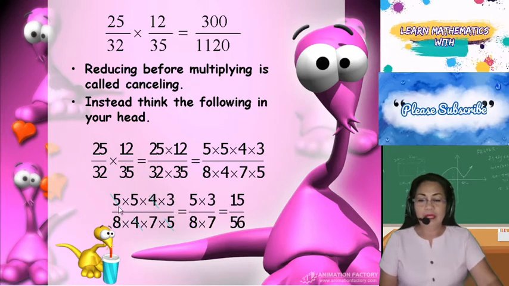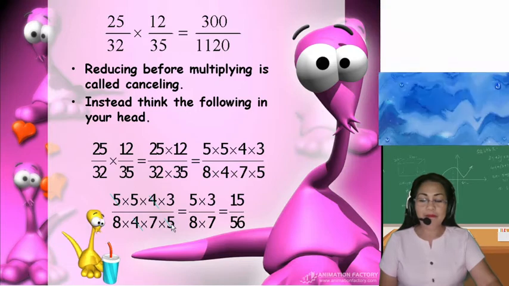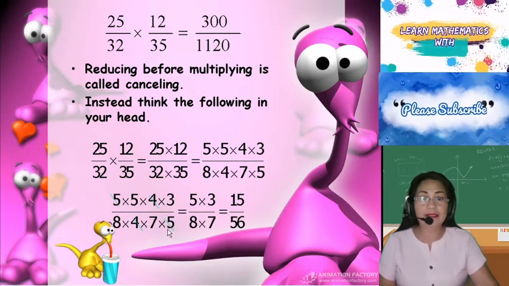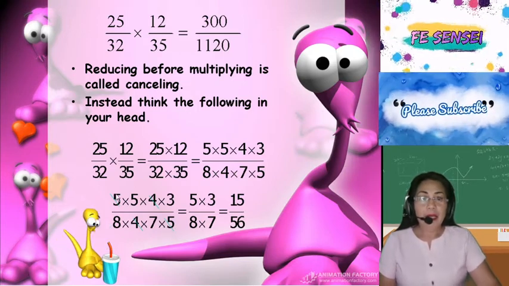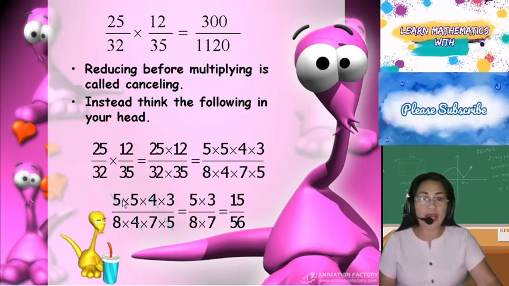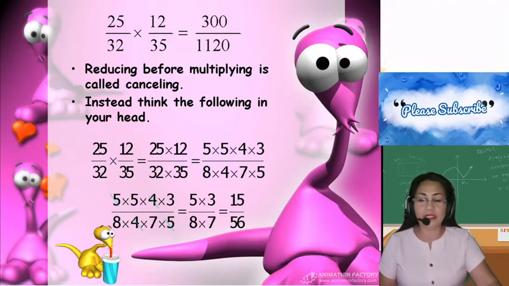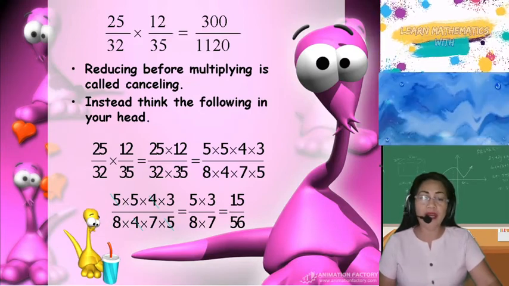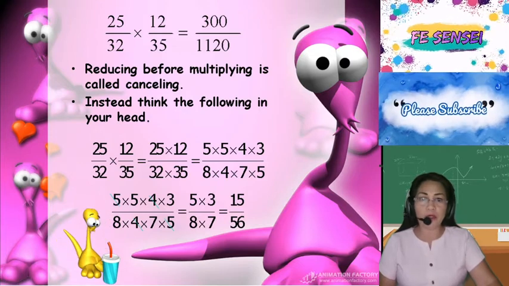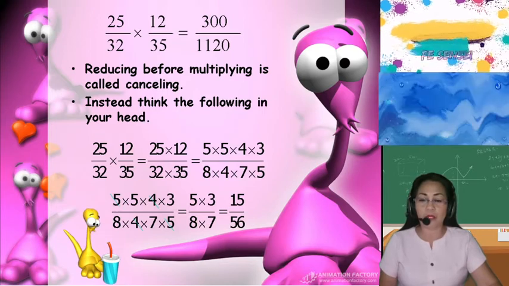Then, 5 and 5 can be cancelled. But you can cancel a numerator and a denominator. You cannot cancel both numerators or both denominators. It should be numerator and denominator.